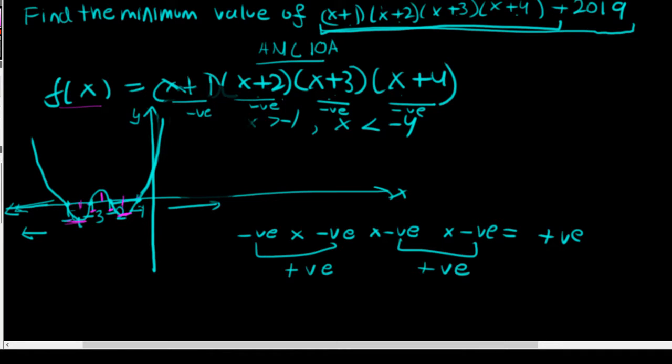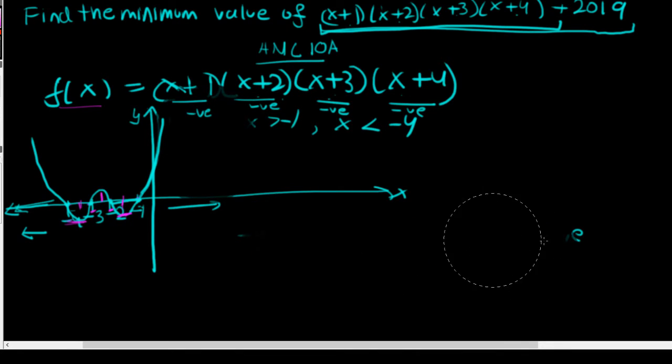Now let's try to solve this question. The approach that I used here was to actually see the stationary values and to compute them. But the problem is that to compute the stationary values, I would have to differentiate this function.